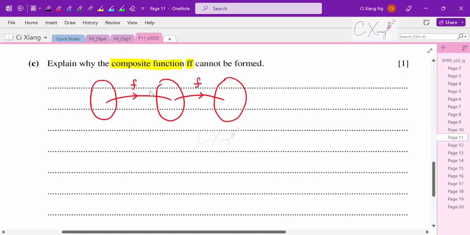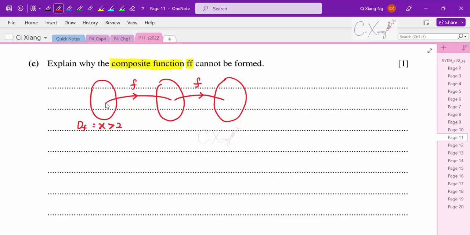Alright, so for this particular diagram, this particular set denotes the domain of f, because you're having the function f, so the set of x will be the domain. The domain of the function is given as x greater than 2, and the range of the function is between 0 and 1. This is what we got in the first part and the second part.